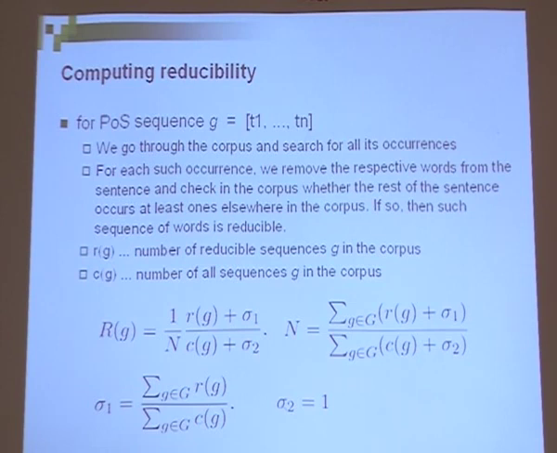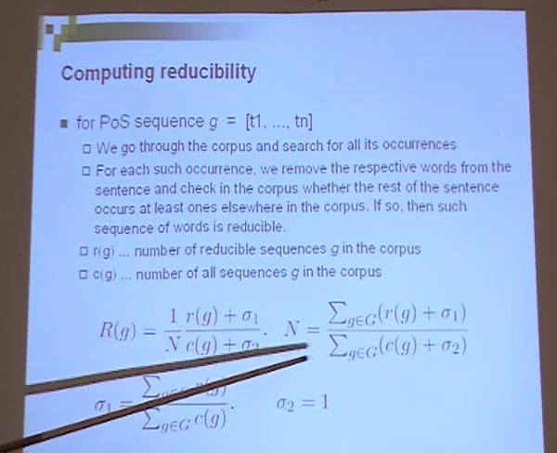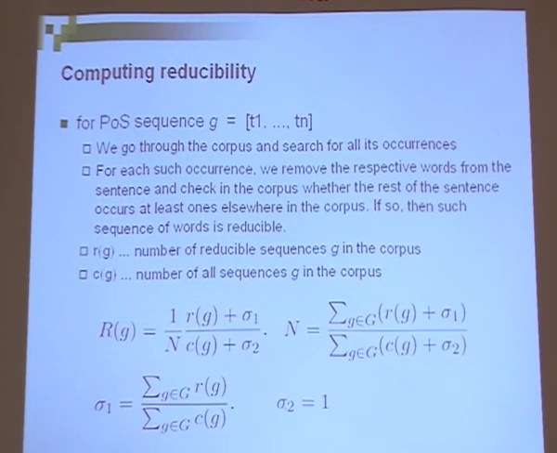The reducibility is computed simply by dividing the number of reducible sequences by the number of all sequences in the corpus. Here, the 1 over n is the normalization. The normalization is something like the average reducibility in the corpus through all the sequences, probably.